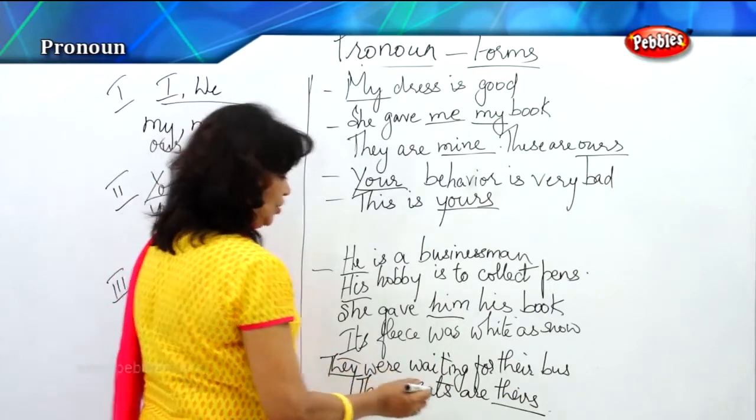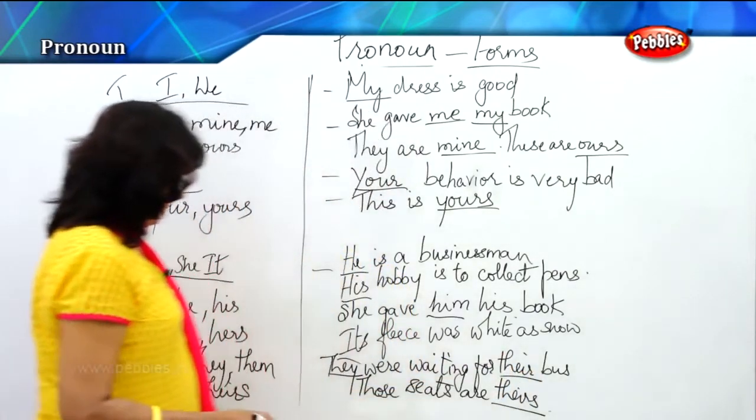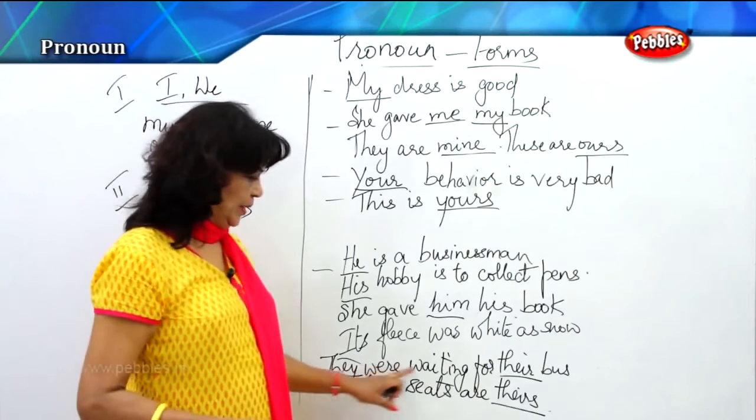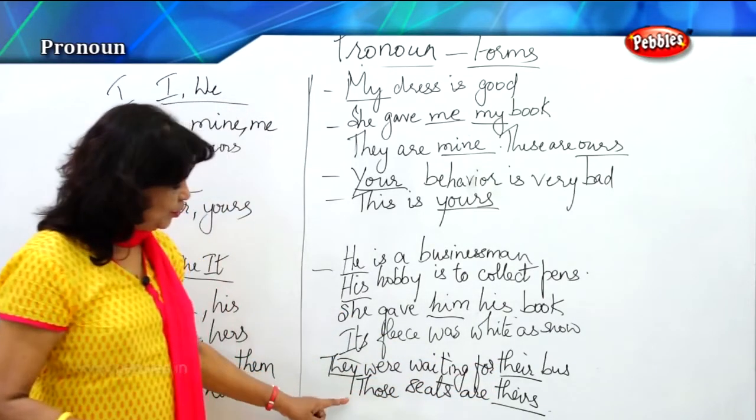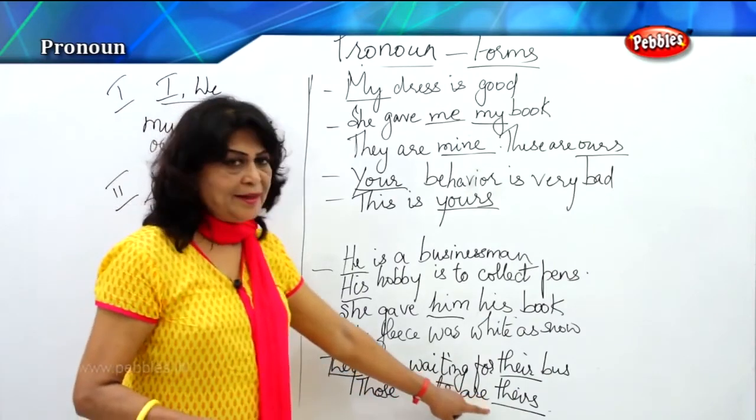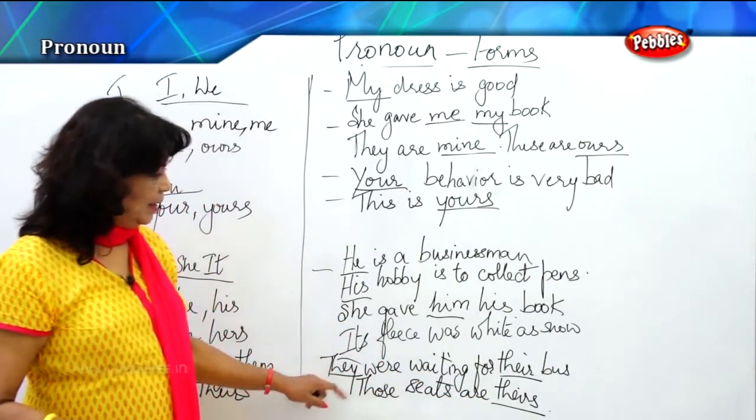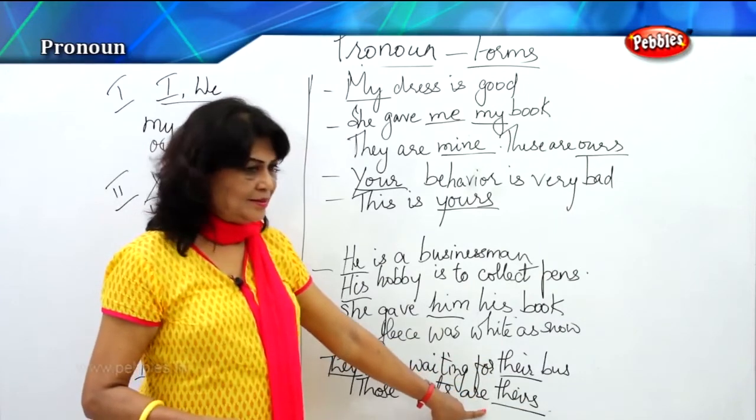See how we have used all these three for plural. They were waiting for their buses. Those seats are theirs. They, their and theirs.